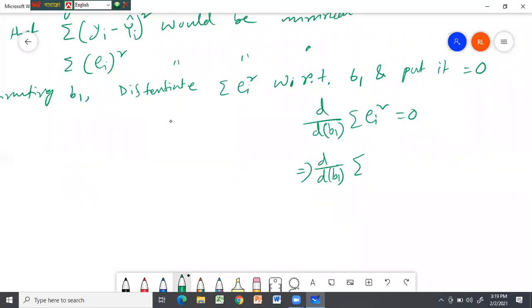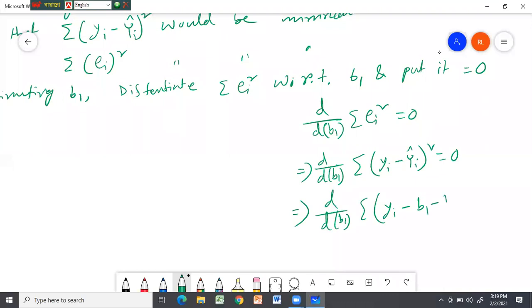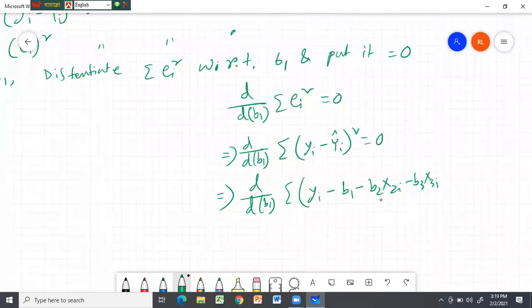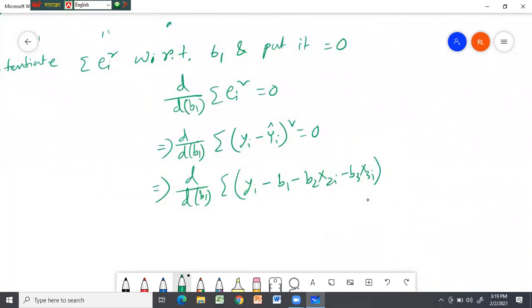you will get an equation: the sum of yi minus yi hat whole square, that is yi minus b1 minus b2 x2i minus b3 x3i whole square, is equal to 0.